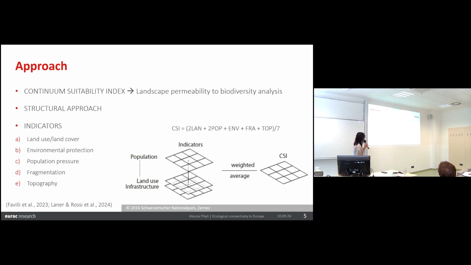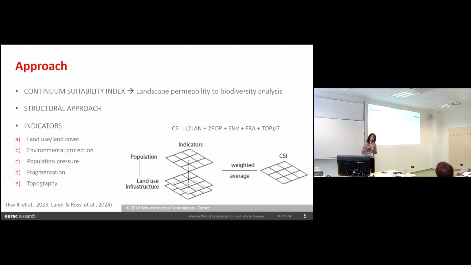We use the Continuum Suitability Index, which is an analysis to understand the landscape permeability to biodiversity. It is a structural approach, and we use these 5 indicators: land use, environmental protection, population pressure, fragmentation, and topography.